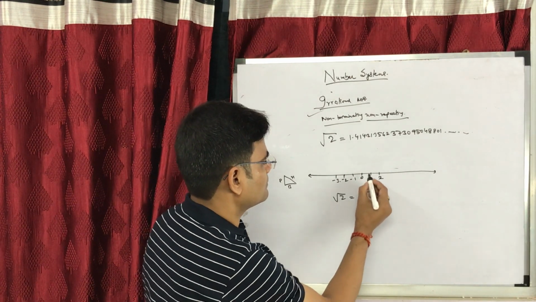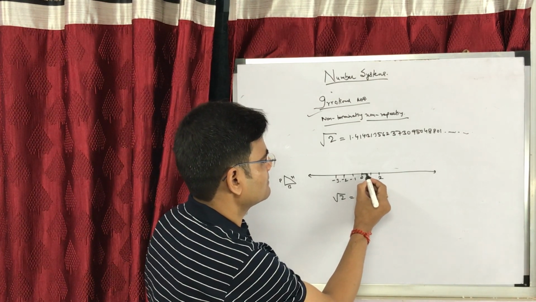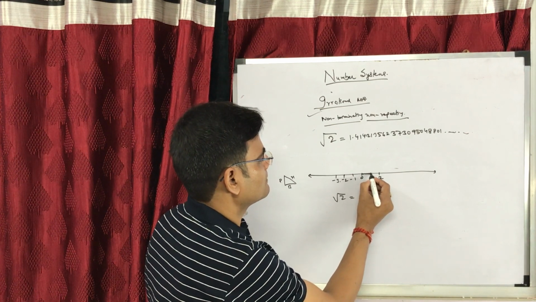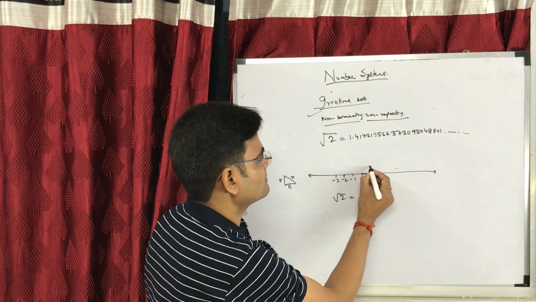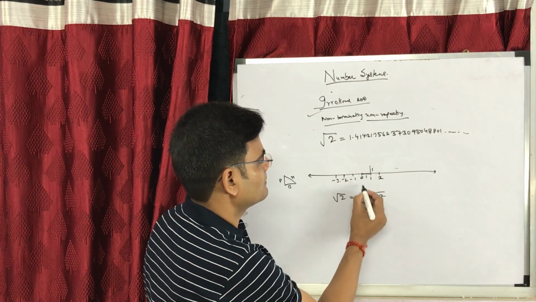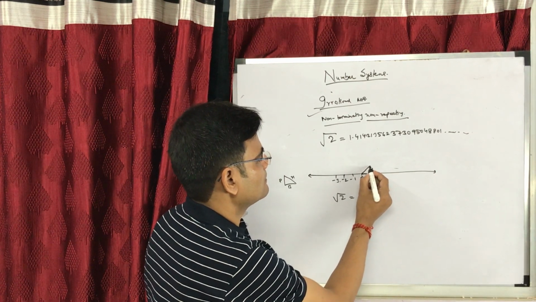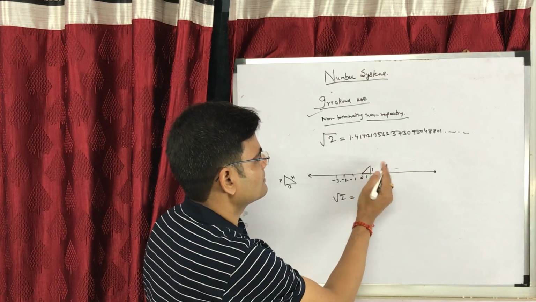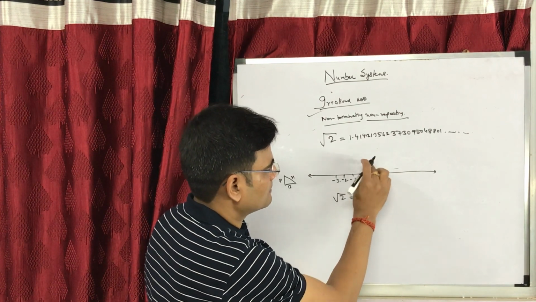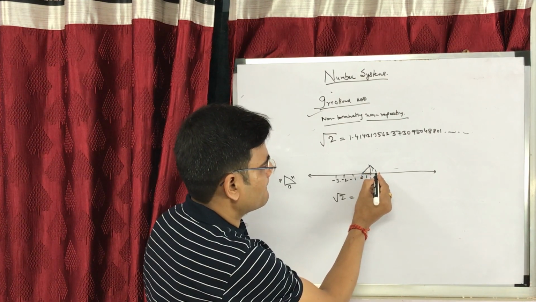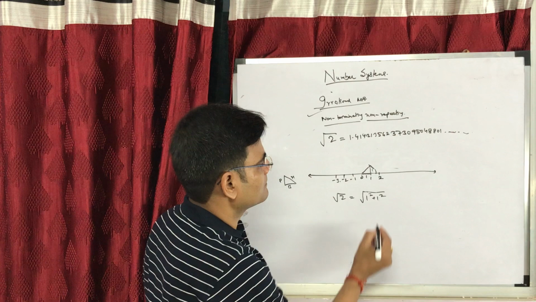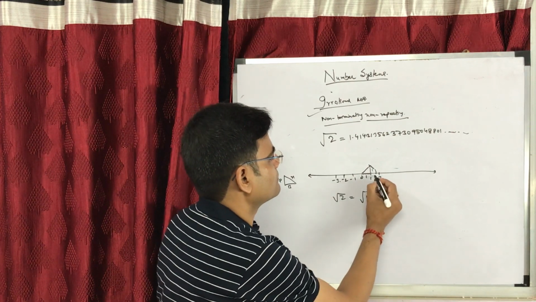So you draw this much length, you draw another this much length. This is 1, this is 1, and you join this. You take a compass, measure this and rotate like this. This is your 1 point, this is root 2.